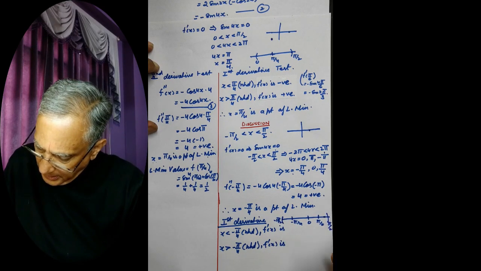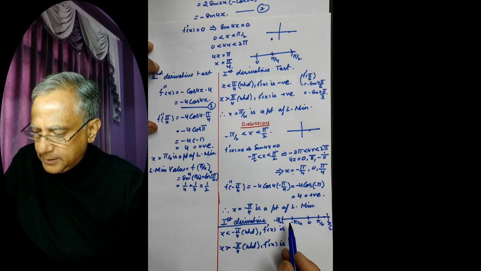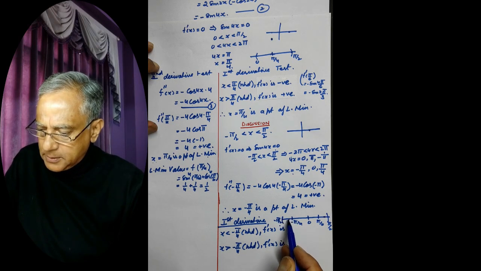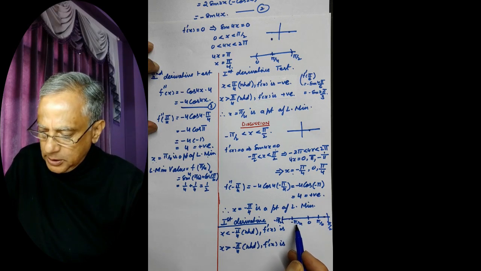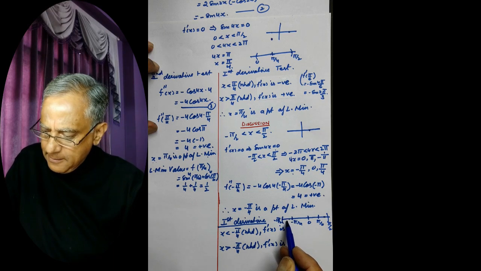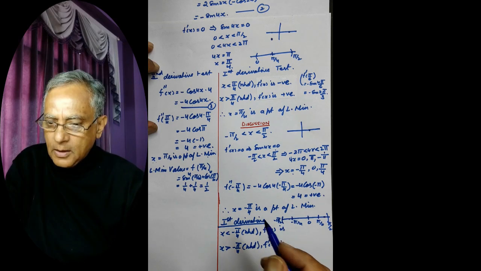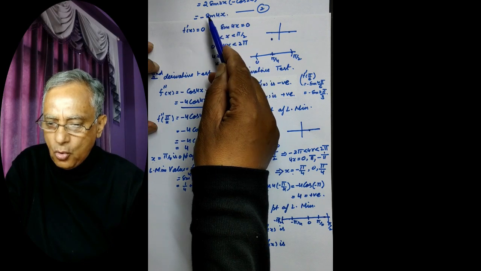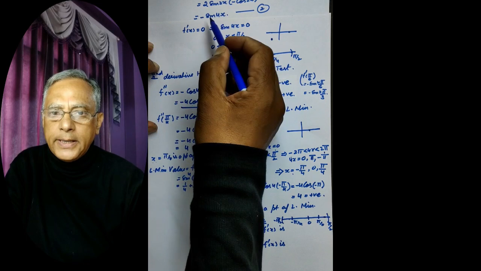So x less than minus pi by 4. In the neighborhood of these points, the sign will be the same as at a single point in this interval. Minus pi by 4 is minus 45 degrees, so take a point here, minus 60. Sign of f dash x at minus 60. F dash x is minus sine 4x, so this will be minus sine 4 into minus 60, sine of minus 240 degrees.